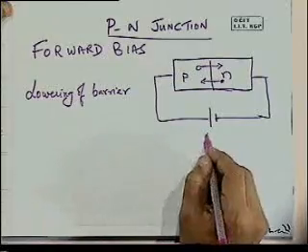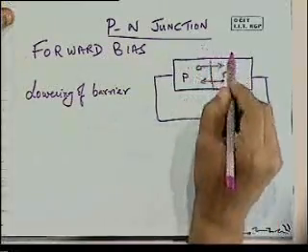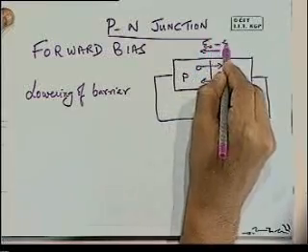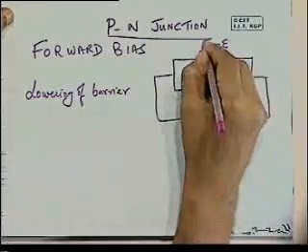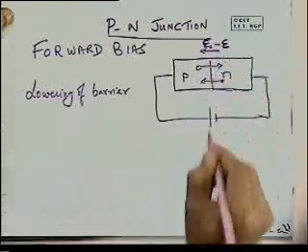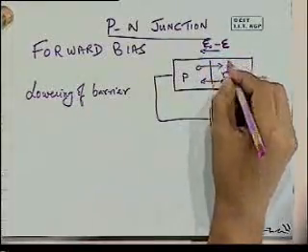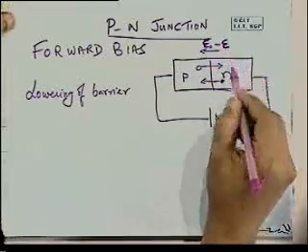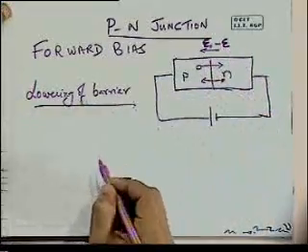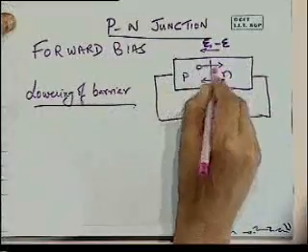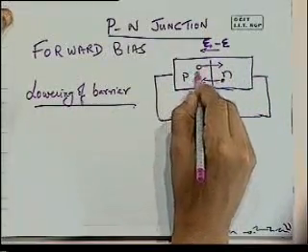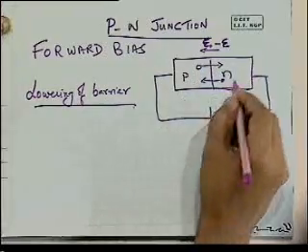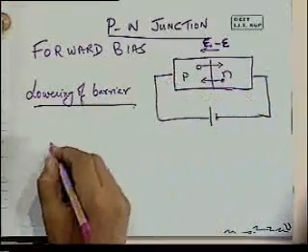Primarily it is because the built-in field E0 is opposed by the applied field E, and so we have a lowering of the barrier. What that means is there's a sharp increase in the holes that are pushed into the n side, and the electrons that are pushed into the p side.